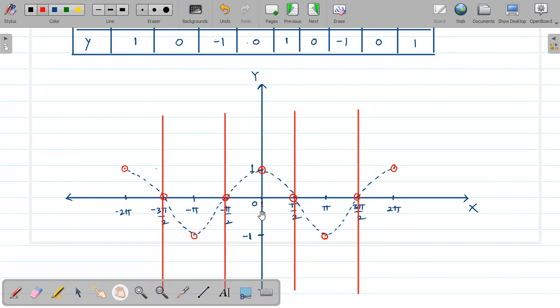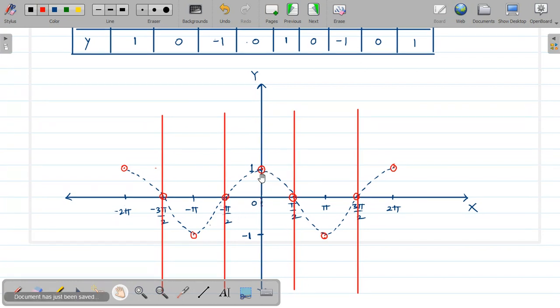Now how will you draw the graph of sec function? So see here, for this particular point, as here cos 0 is 1, for the angle 0, value of cos ratio is 1. Similarly sec 0 is also 1, and so we get this one as a point of sec function.